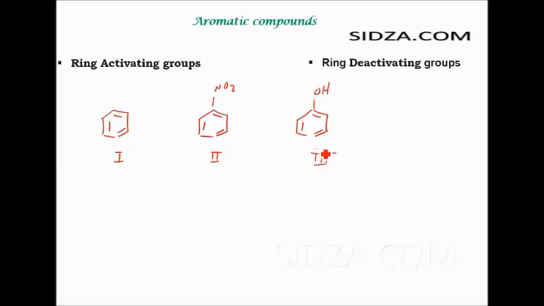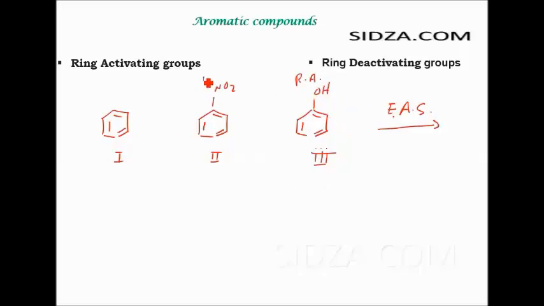Okay, any electrophilic aromatic substitution reaction will be faster with the phenol, the third one, because it's the ortho-para directing group and it's a ring activator, right? Okay, so we can say OH is a ring activator.